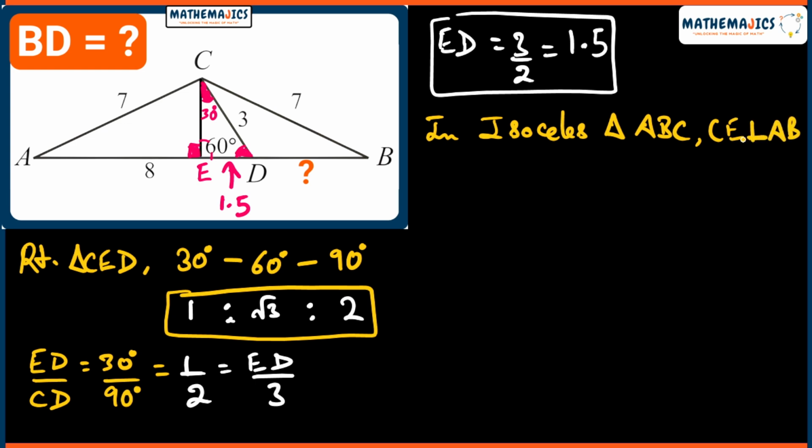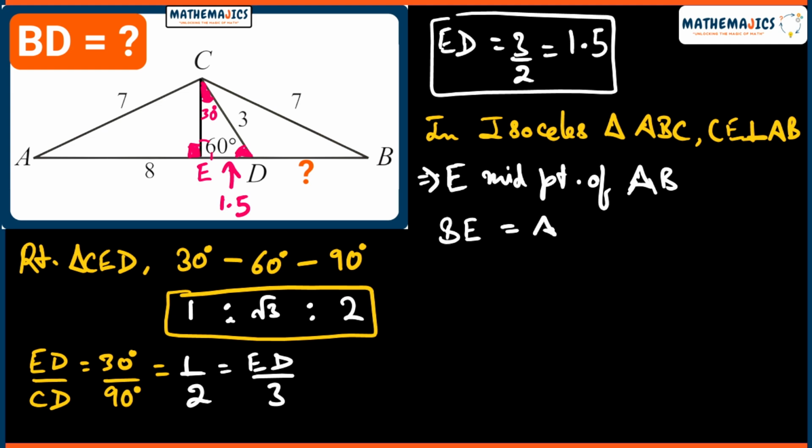So E turns out to be the midpoint of AB. This is the property of an isosceles triangle. If E is the midpoint, BE will be equal to AE.